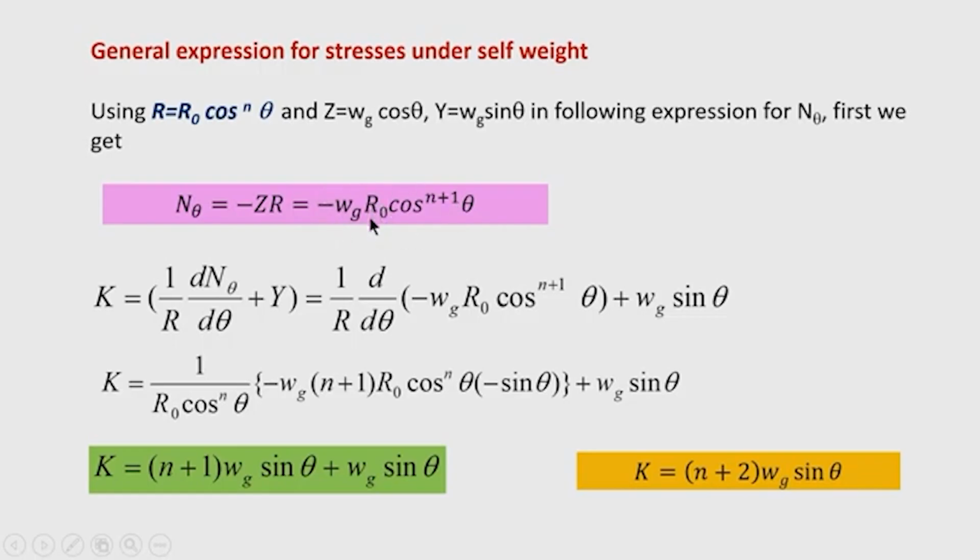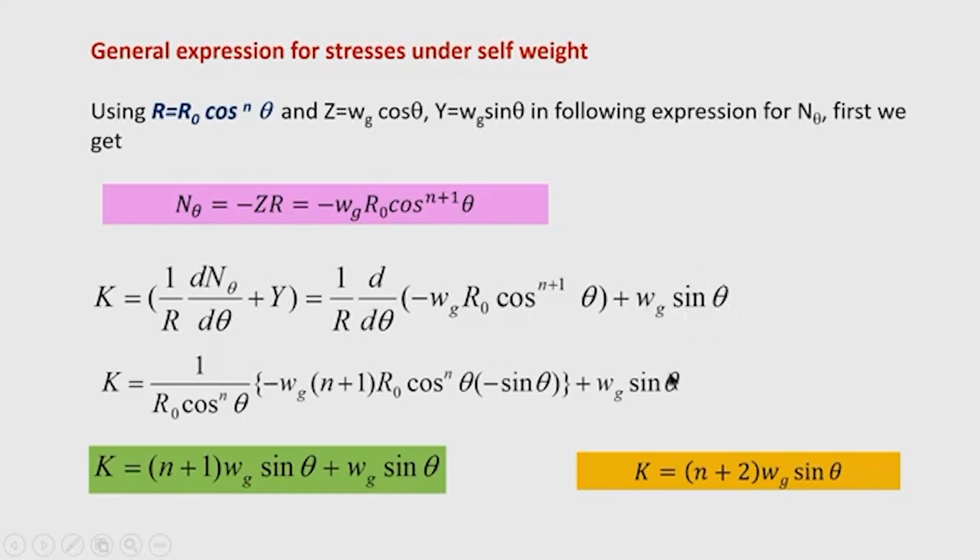For other types of directrices, we have found r naught as well as n, so we can put them here. Okay. So, k can now be found: k is 1 by r dNθ by dθ plus y. Nθ is differentiated with respect to θ, and it becomes minus w g n plus 1 r naught cos to the power n θ minus sin θ, and here r is substituted as r naught cos to the power n θ, and this is the y component of the load.